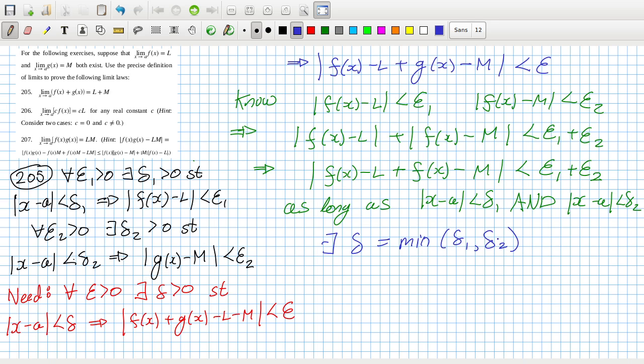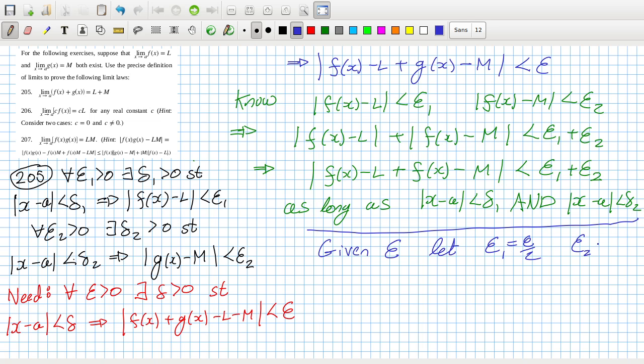So, and we can split the epsilon evenly. So what we could say then is, given an epsilon, let epsilon 1 equal epsilon over 2 and epsilon 2 equal epsilon over 2. Find the delta 1 and delta 2 for f and g.